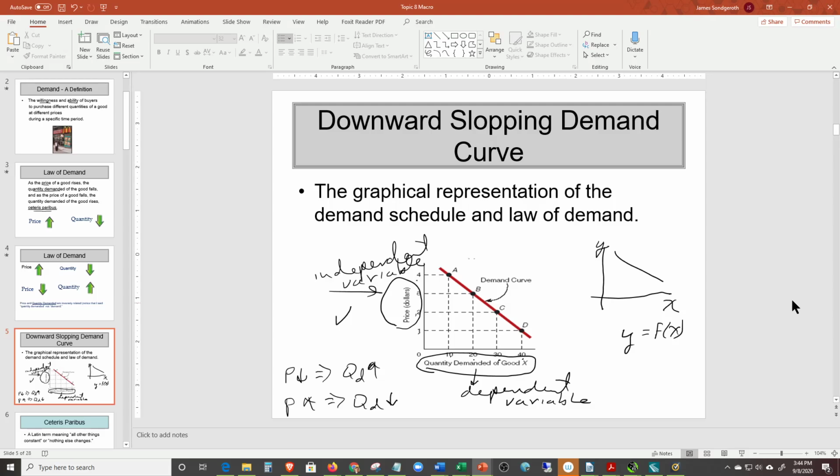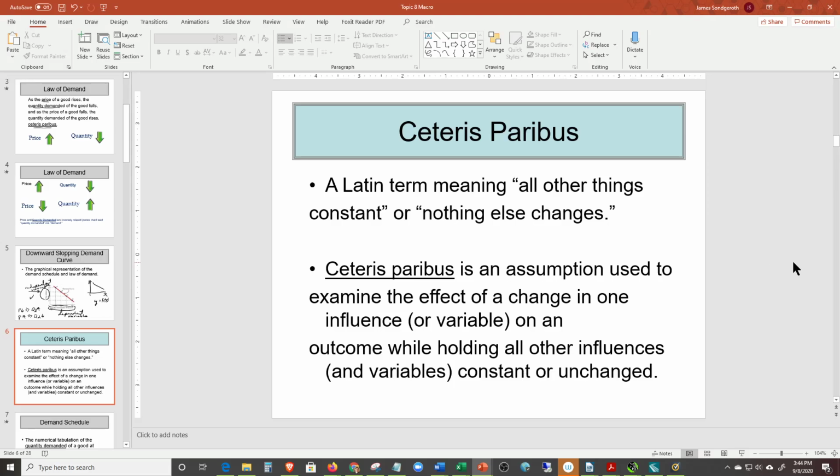Pretty simple. In microeconomics, we go into great detail of why we think this is reasonable to expect. So ceteris paribus, let's talk about that. It just means all other things constant, or nothing else changes except for the price.